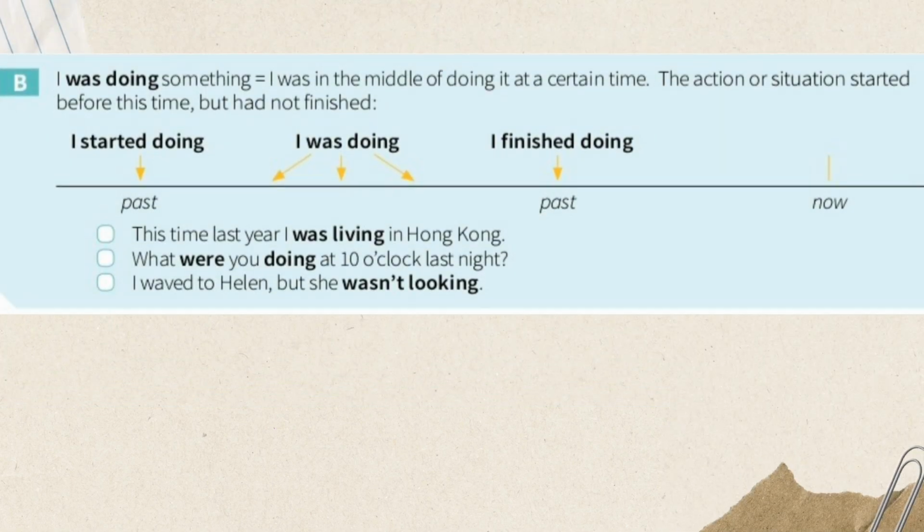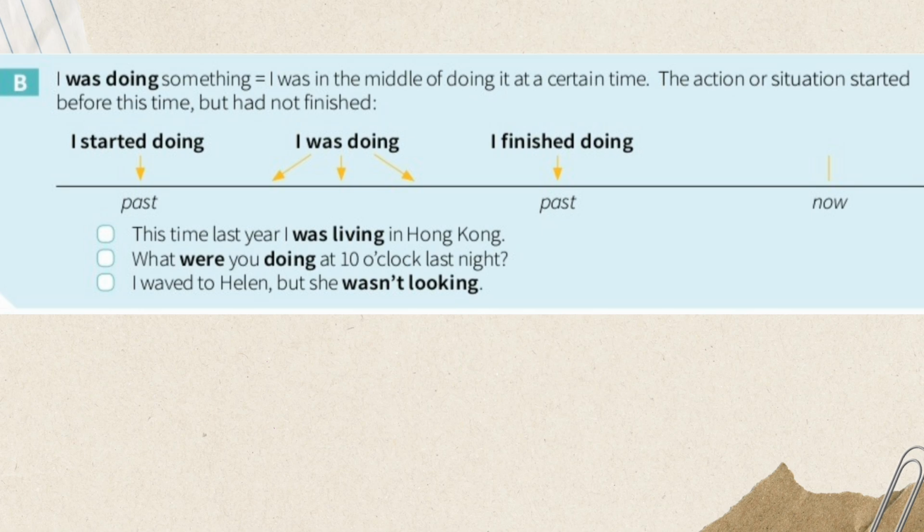Past continuous use formula: subject plus was or were plus verb ing. Was itu digunakan untuk he, she, it, and I, dan were itu digunakan you, we, they. Now, let's learn how to form a past continuous sentence.